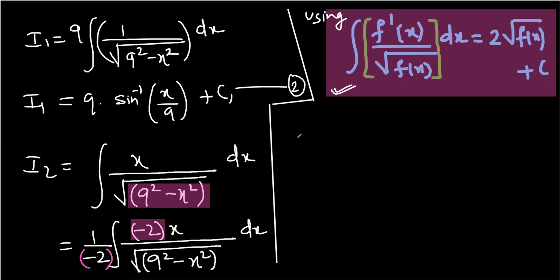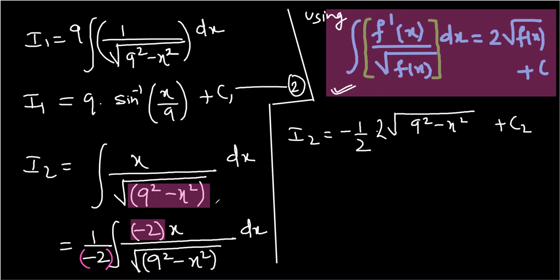I2 equals minus 1 upon 2 times 2 times the square root of 9 square minus x square plus c2, c2 because it is I2. What is the integration of this whole thing?